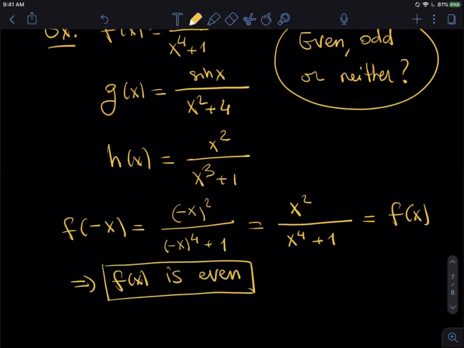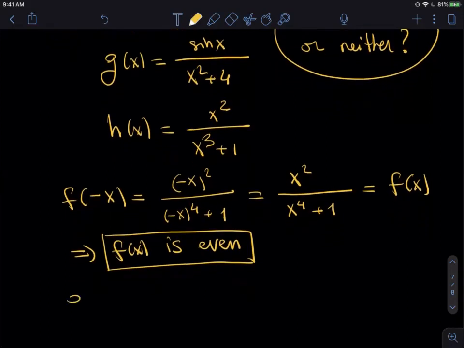Okay. Let us check g of x. The function g of x, what I actually need to check is if g of negative x is minus g of x. So this is the sine of minus x divided by negative x squared plus 4.